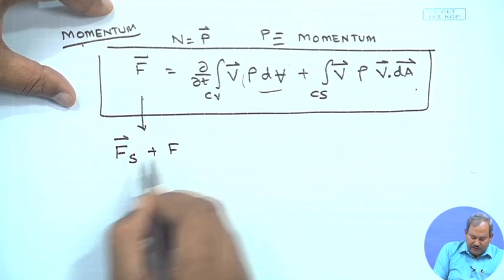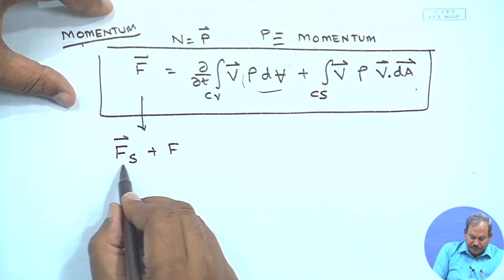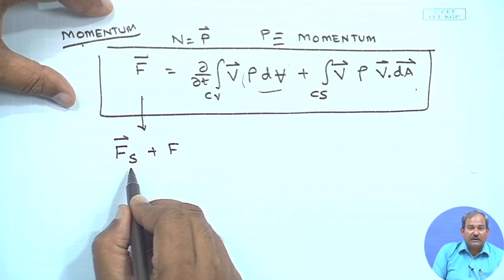Now, the force can also be divided into two types of forces. The first one is surface force, the second one is body force. Examples of surface force are pressure and shear stress. The common example of body force would be gravity.